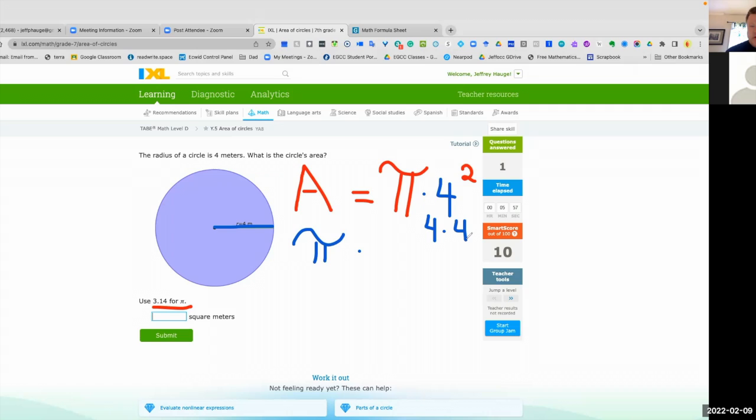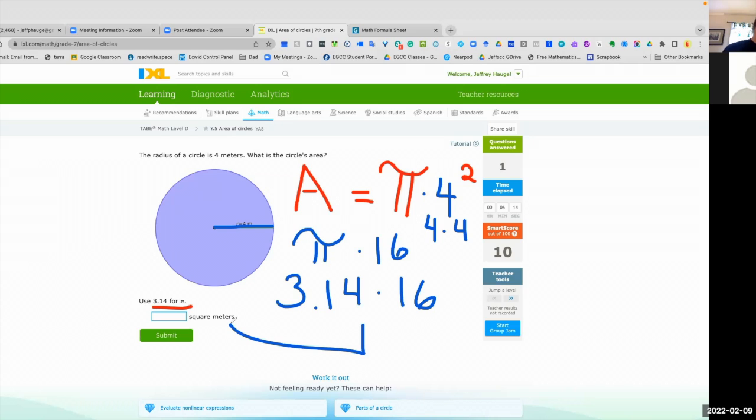We can use our calculator on everything. We don't have to memorize any of this junk. That's 16. Then we save pi for dessert. Now whatever 3.14 times 16 is our answer.